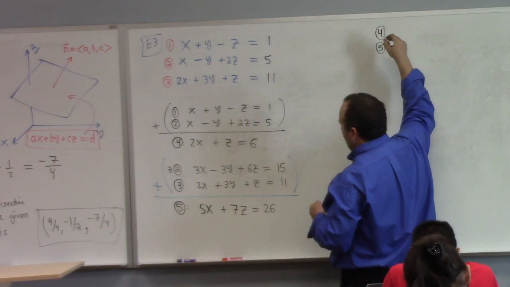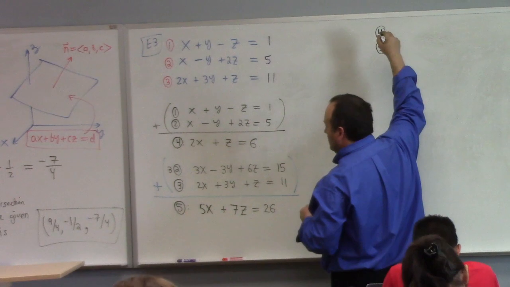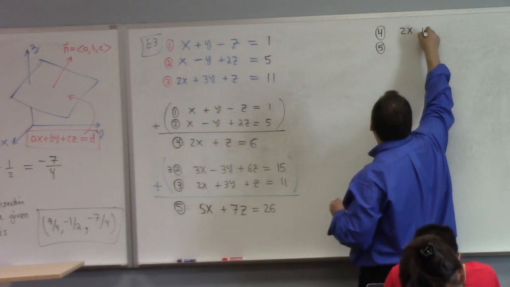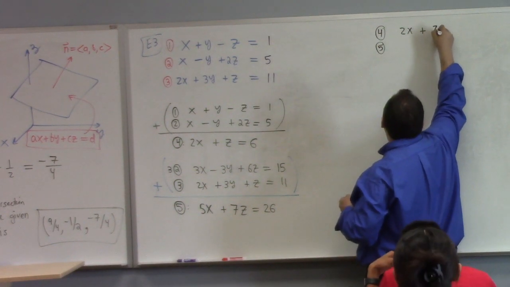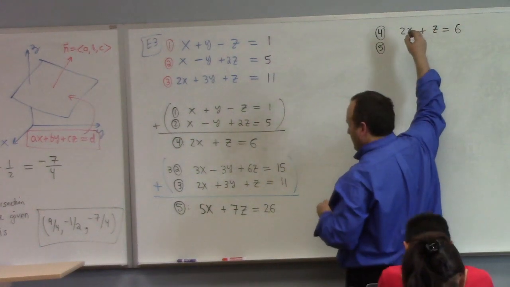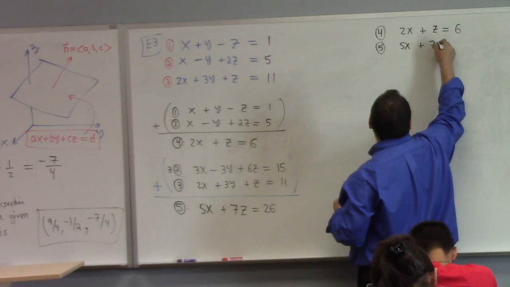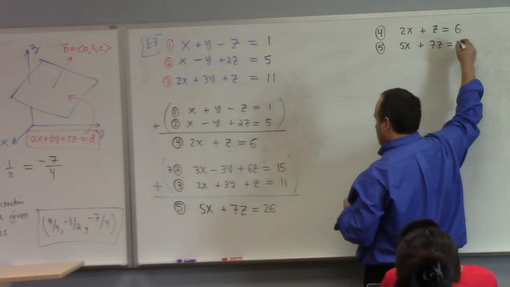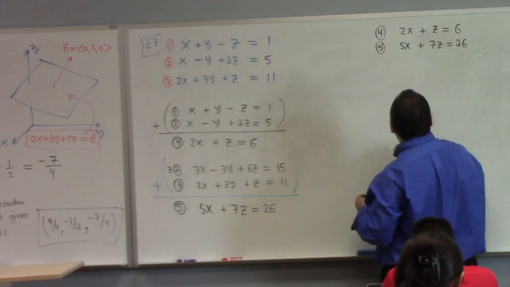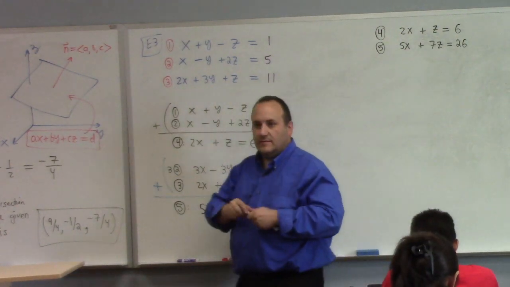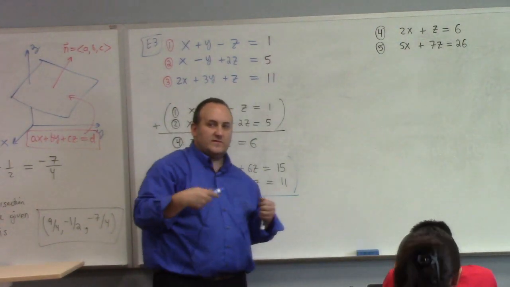Okay. So equations 4 and 5, let's write them up. We've got 2x plus z equals 6, and we've got 5x plus 7z equals 26. Now I think for these, substitution's a good idea. We can solve this by substitution.